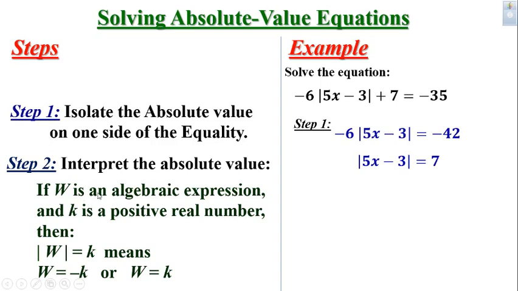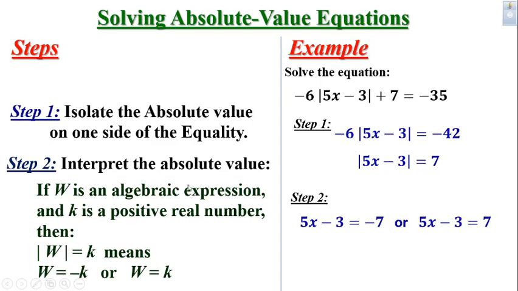Generally speaking, if W represents an algebraic expression, say like W could represent 5x minus 3 in our example, and K is a positive real number, such as 7, then if the absolute value of W is equal to K, that means that W is equal to the negative of K, or the positive K. So if the absolute value of 5x minus 3 is equal to 7, that means either 5x minus 3 is 7 or 5x minus 3 is negative 7, because those are the two possibilities whose absolute value is 7.